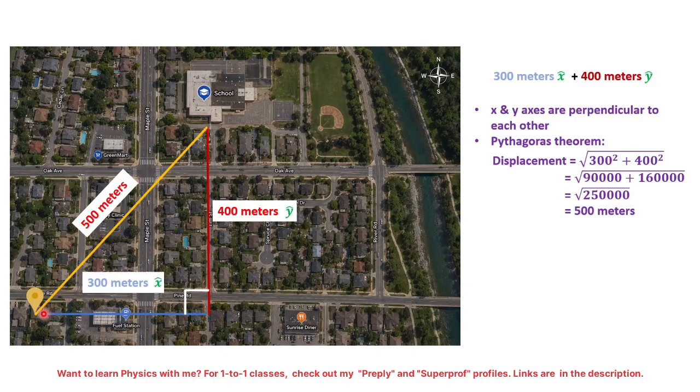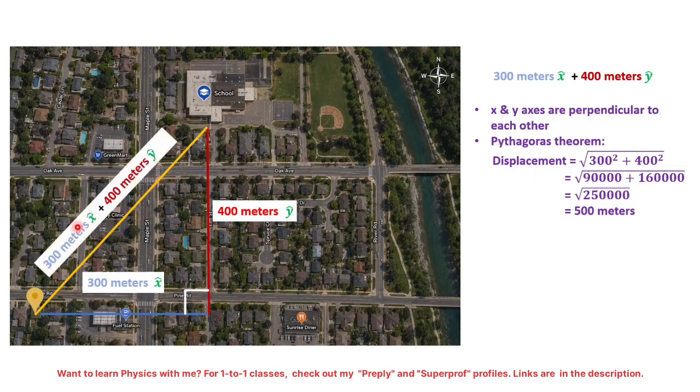This is one point, his house, and this is the end point, the school. So the shortest distance is this one, and this distance will be 500 meters. But if you are moving along this path, this is 300 meters, this is 400 meters, so the total distance will be 700 meters. But this is the shortest distance between these points, and this is called the displacement.